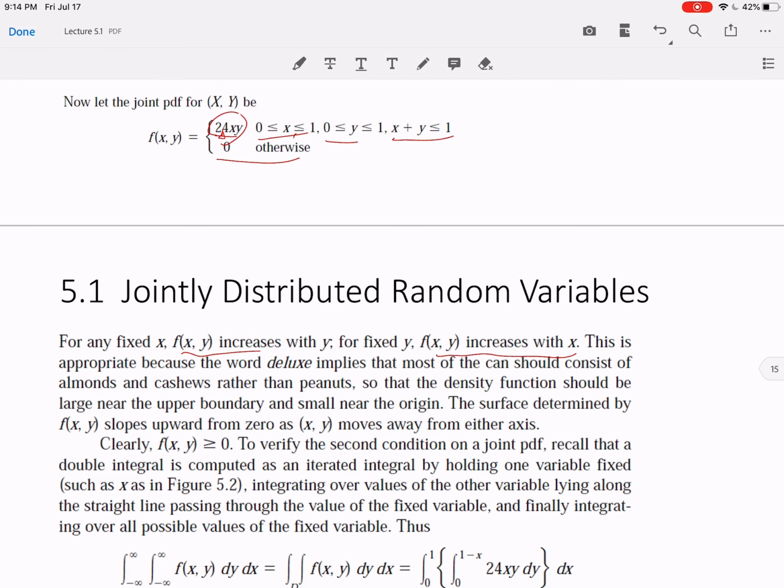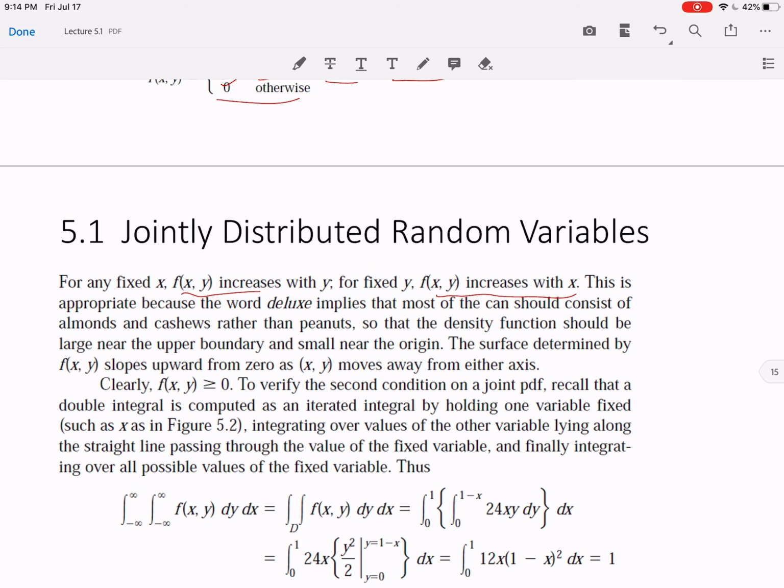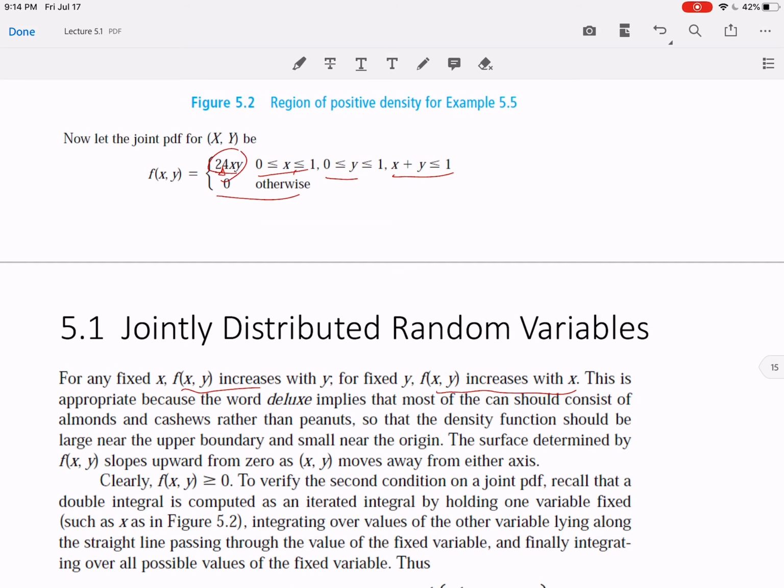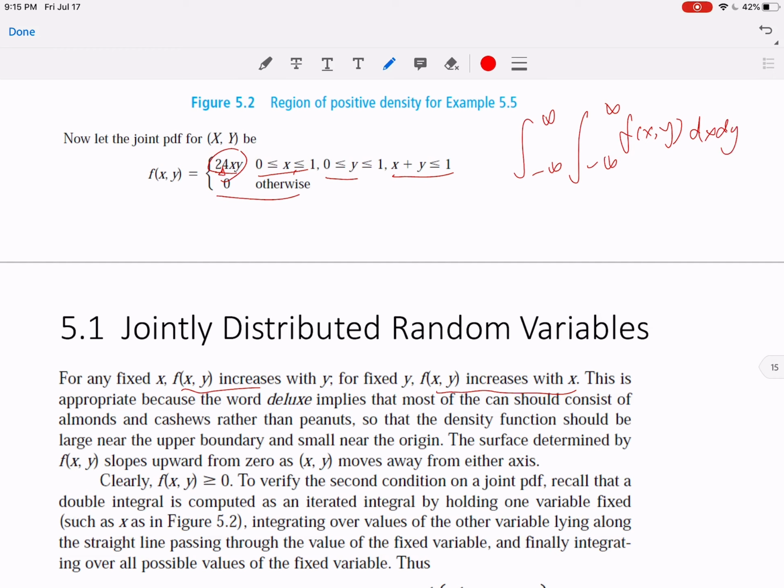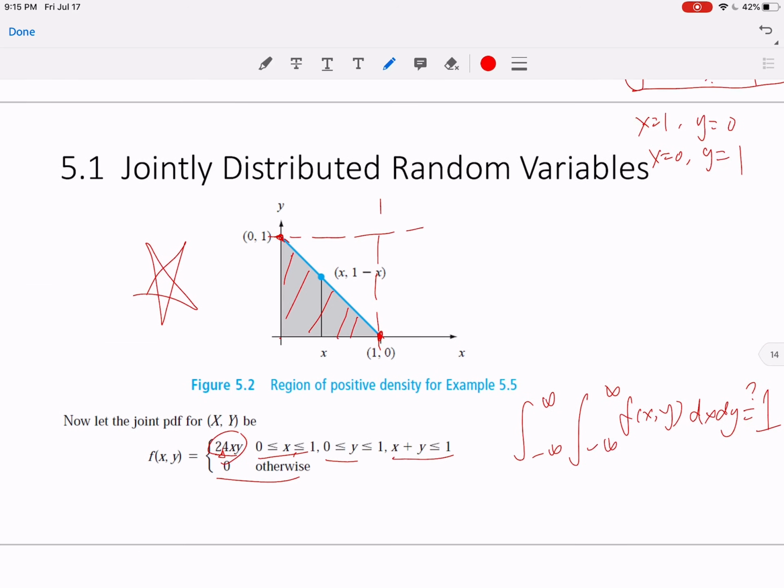Let's take a look at whether condition 2 is satisfied or not. So based on the definition we went over before, we need to check if, in general, the integral from negative infinity to positive infinity, negative infinity to positive infinity, of f of x, y, dx, dy is equal to 1 or not. Okay, that's what we want to check. But this condition is kind of special.